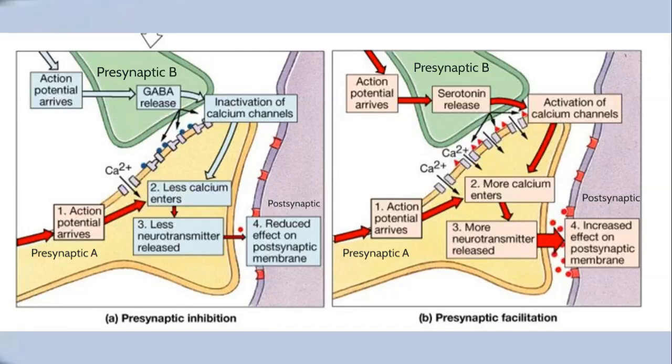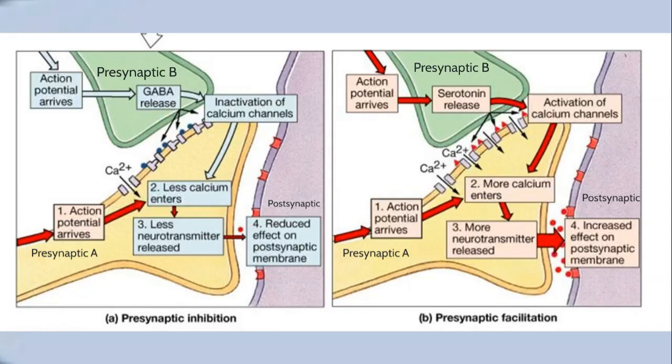You could also have the opposite, right? You could have presynaptic facilitation. So, in presynaptic facilitation, we have presynaptic cell A that is going to release, let's again just say glutamate, that is going to interact with the postsynaptic cell. And then you could have presynaptic cell B releasing something like serotonin. Remember, serotonin is a weird one because sometimes it is inhibitory and sometimes it is excitatory.